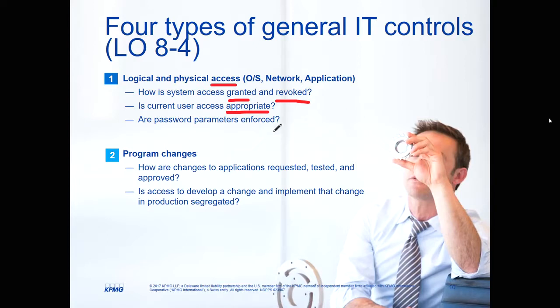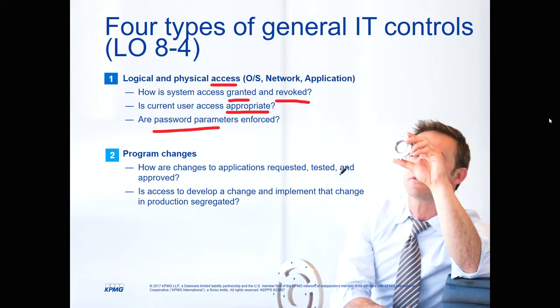And so we'd look for things like that. Are the password parameters enforced? But even more specifically, usually, is what are the password policies, right? How hard does that password need to be? How often does it need to be changed? Those kinds of things.